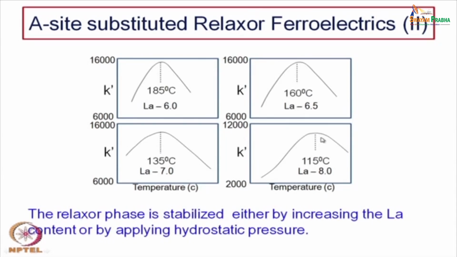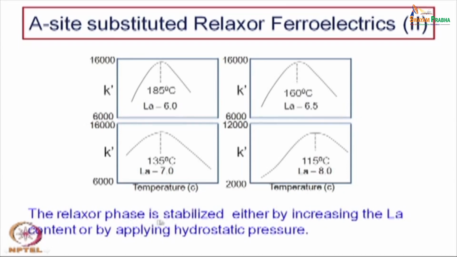This is a much broader peak, and not only that, you also see the peak dielectric constant is also different. Here the maximum is about 16,000, here the maximum is only up to 12,000. So, this peak dielectric constant or K prime value is lower compared to this value.